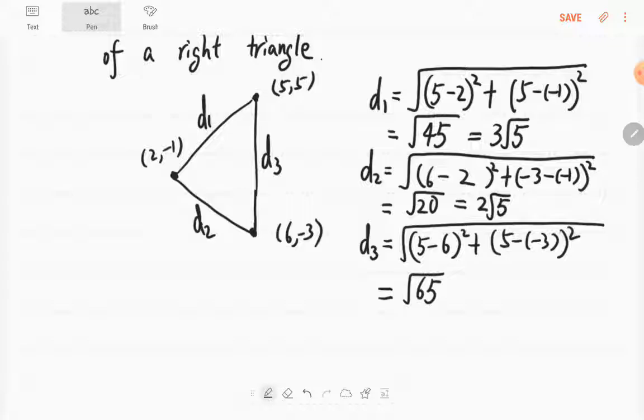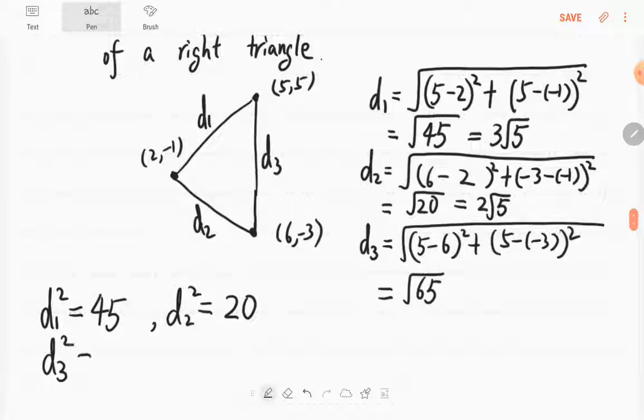Okay, so now we need to show that, let's look at D1 square. D1 square is 45. D2 square is 20. And D3 square is 65.